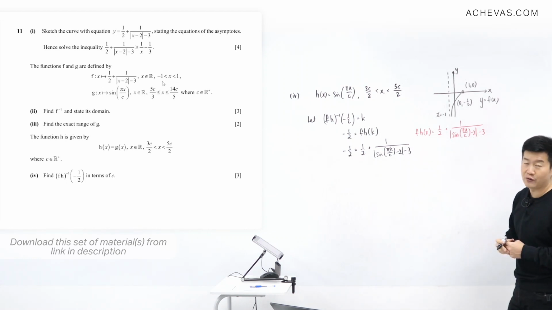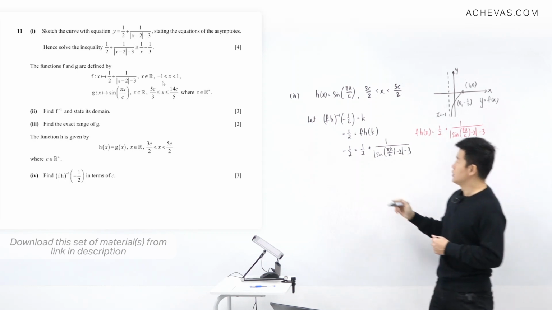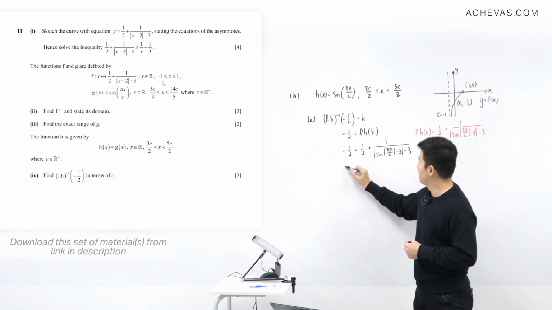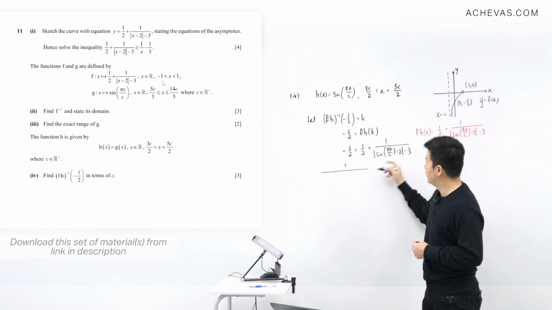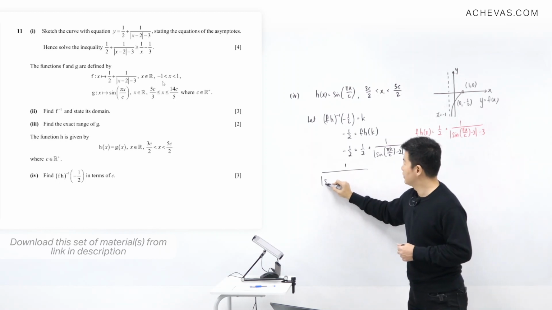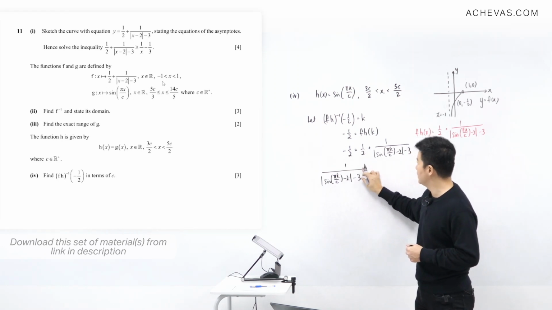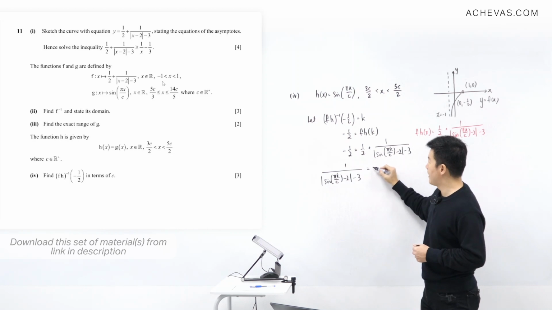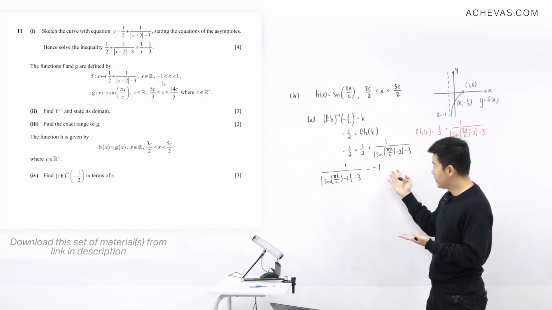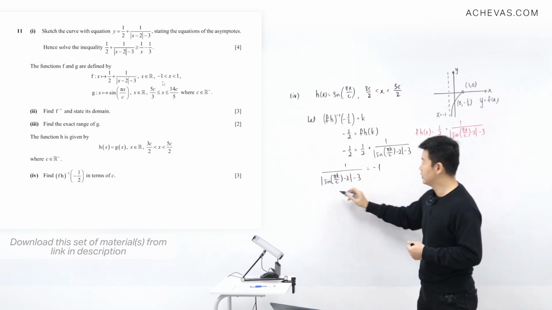Let's try to solve for k over here. So we will have a 1 over this modulus of sine pi k over c minus 2 minus 3. This is equal to minus 1. Cross multiplying negative, I can also bring it over to the left hand side.